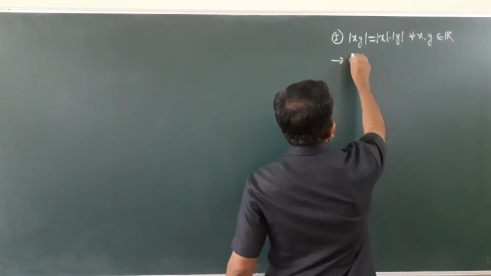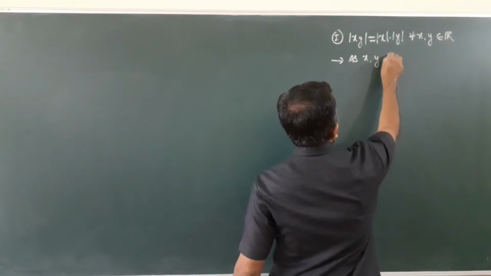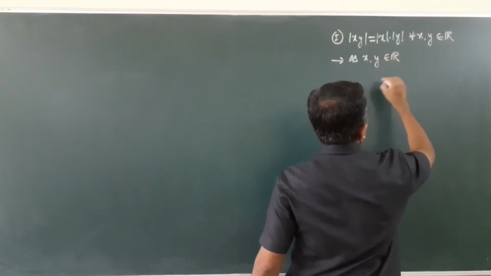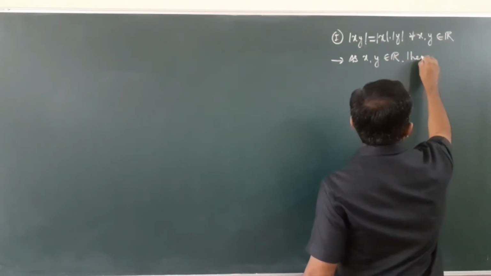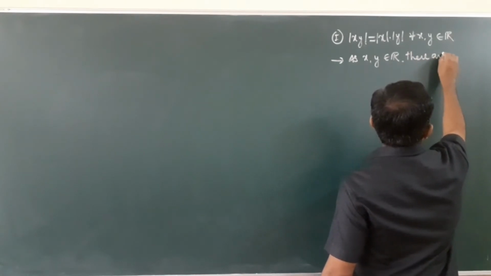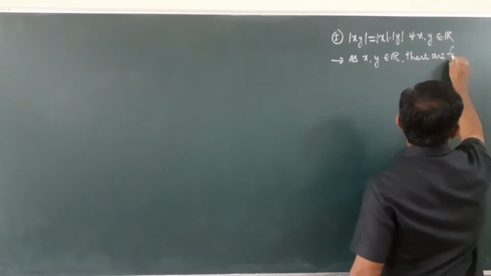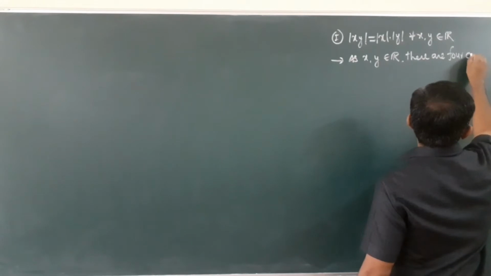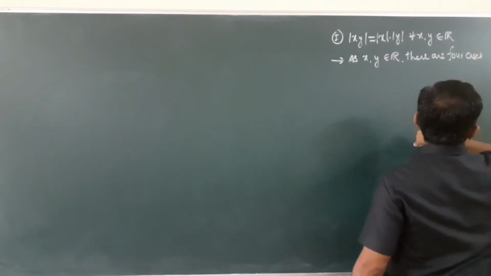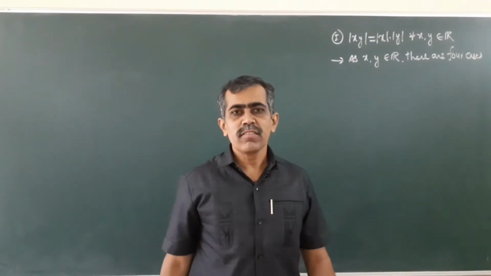Now, see how to prove this. As x comma y belongs to R, there are four cases. What are these four cases?